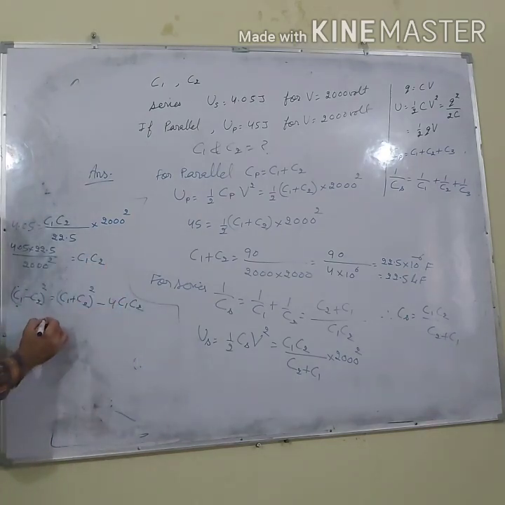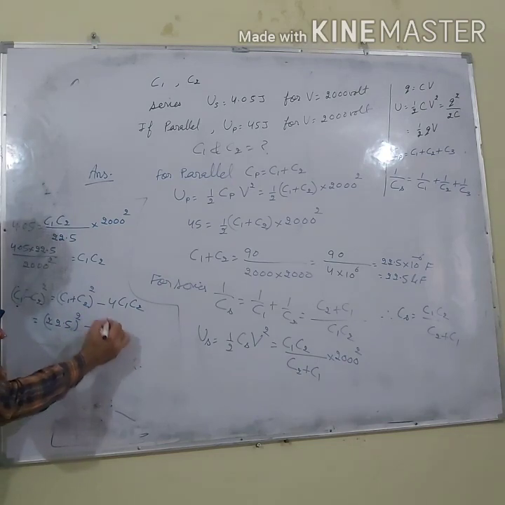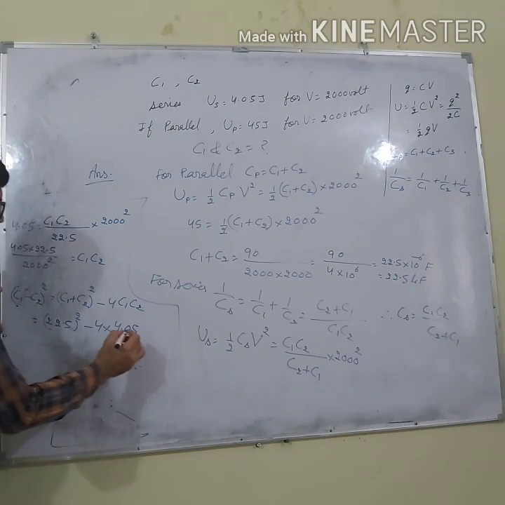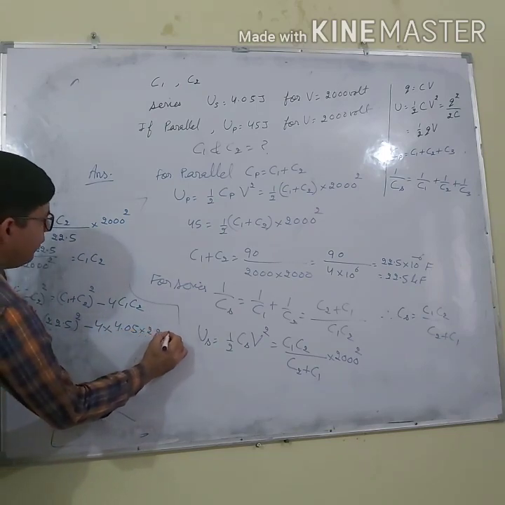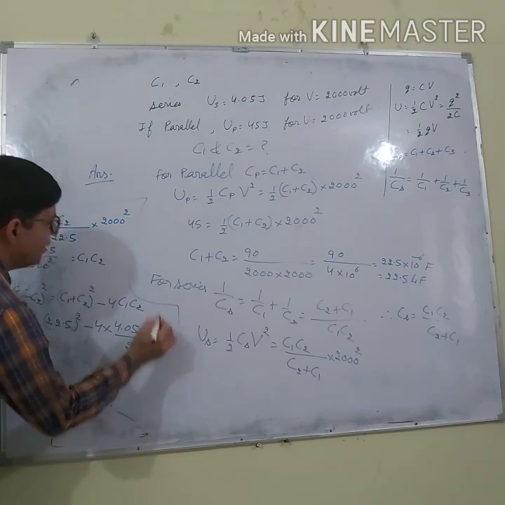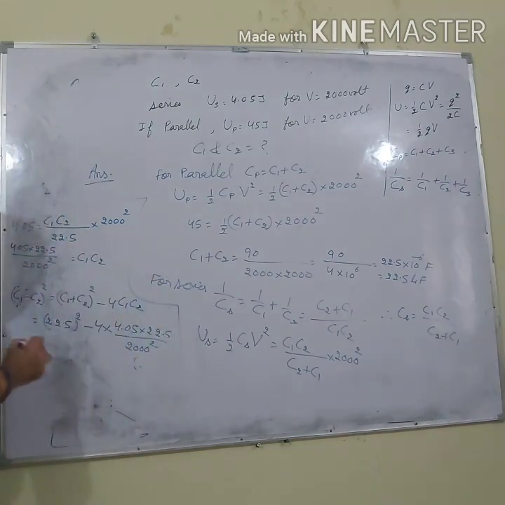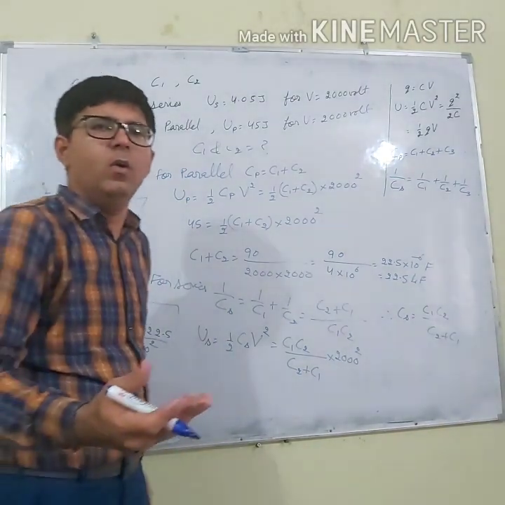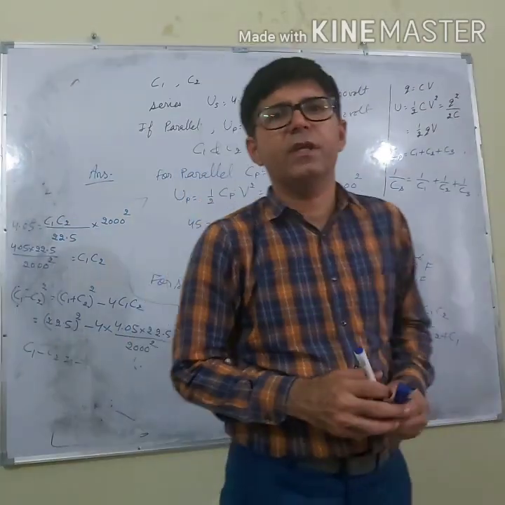So C1 plus C2 is 22.5 square, and for 4 multiplied by C1 C2, I will put in the values, 22.5 divided by 2000 square. So I will calculate C1 minus C2. This is equation 1, this is equation 2. You can solve equations 1 and 2 and get the values of C1 and C2.